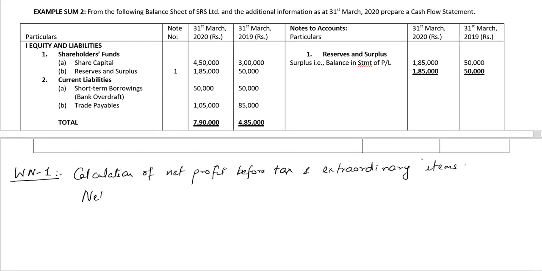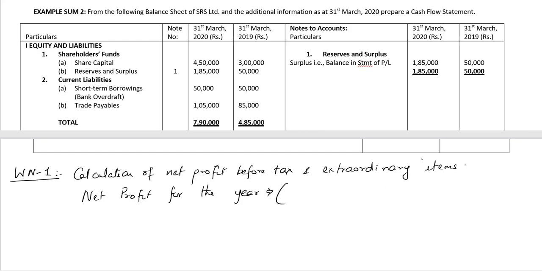Let's begin with the net profit for the current year. It is the difference between the closing balance and the opening balance of surplus, that is balance in statement of P&L. We have the amount given in the notes to accounts.